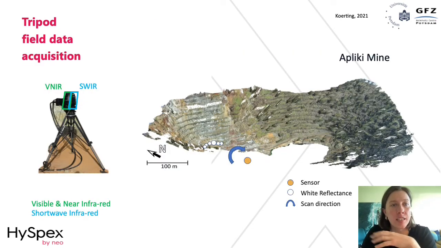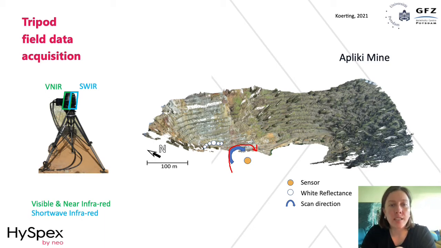The second scale would be a tripod setup, where these line scanners are mounted on top of a tripod on a rotation stage, and instead of moving the sensor line by line, it is moved in a rotational manner. So here we have a rotation of the sensor which collects the image line by line based on this rotation. This is the Apliki mine, which is a copper gold pyrite mine in the Republic of Cyprus.